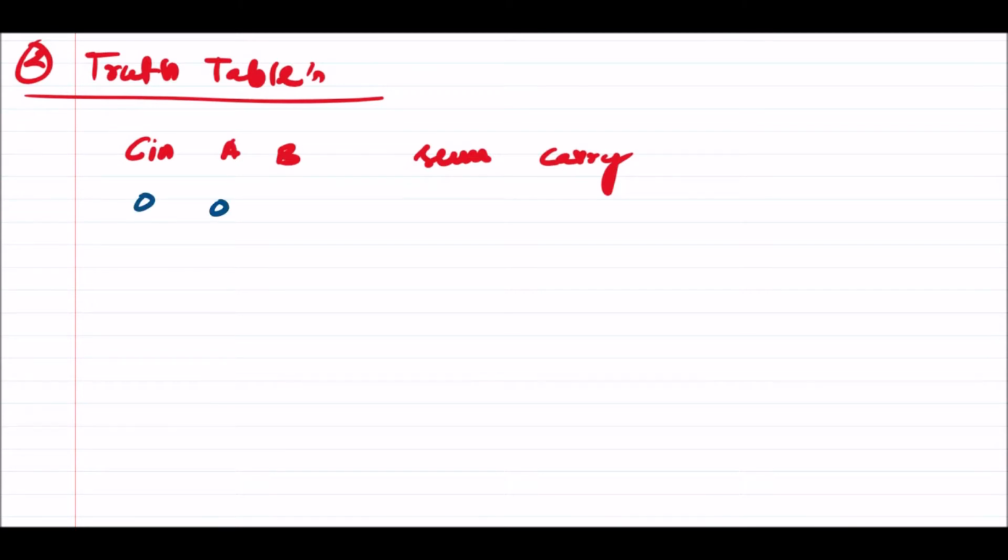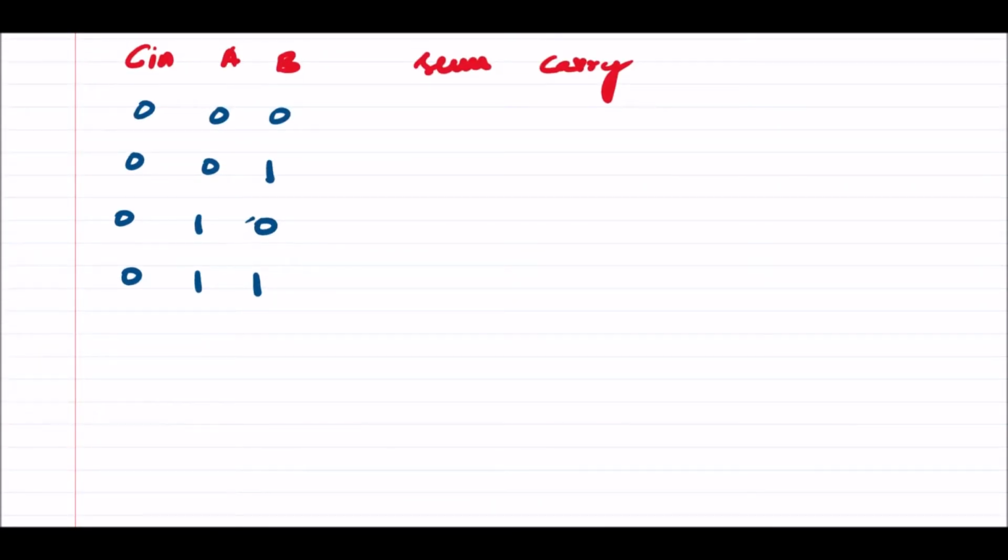So 0, 0, 0, 0, 0, 1, 0, 1, 0, 0, 1, 1. So we have combined 0 carry with the 4 possible combinations of A and B. Next, we will combine 1 carry with the 4 possible combinations of A and B. So those are 1, 0, 0, 1, 0, 1, 1, 1, 0, 1, 1, 1.